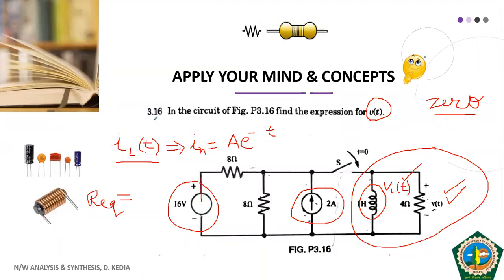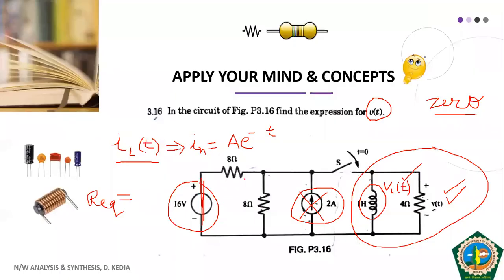We have to short this voltage source. We have to remove this current source. So if we see, this 8 and 8 will be in parallel. So this 8 and 8 ohm, these are in parallel. So the equivalent resistance of 8 and 8 will come out to be 4.